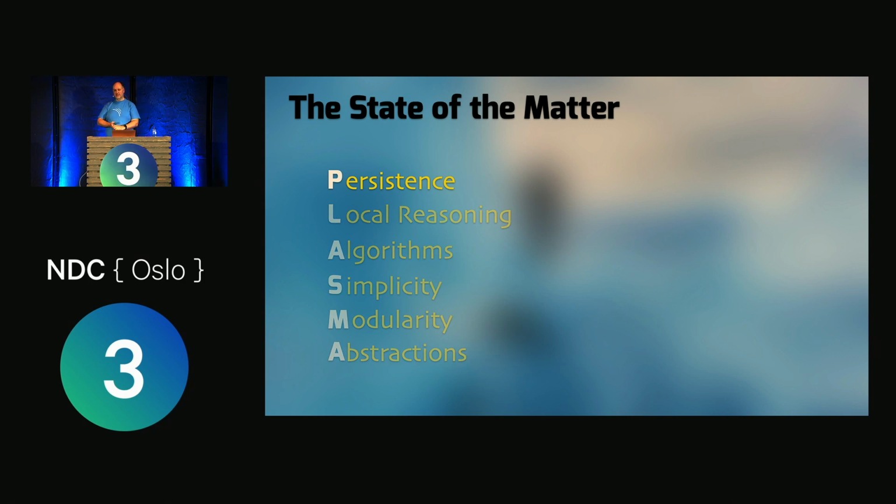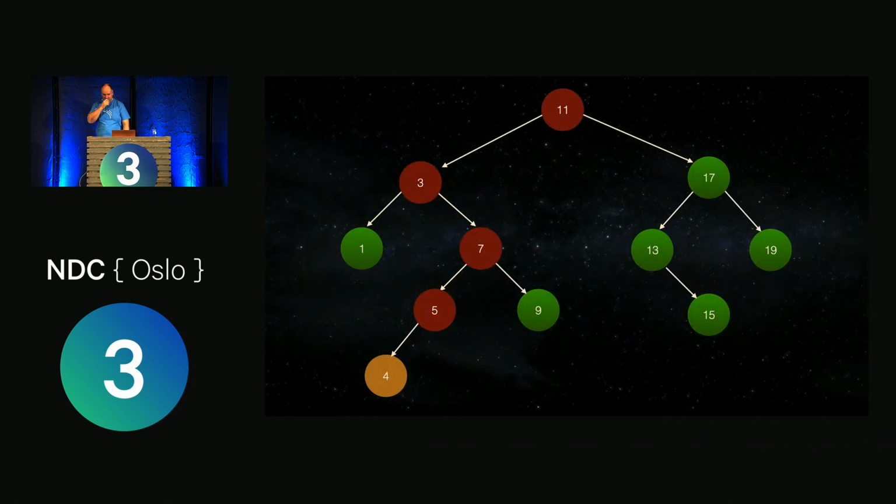So persistence. What do I mean by this? So I don't mean keep trying, you'll get there in the end. And I don't mean writing to files and databases. Really talking about persistent data structures. And I've done talks on this. Just very quickly to summarize, if you've got a tree structure like this, binary tree, could be a red-black tree.